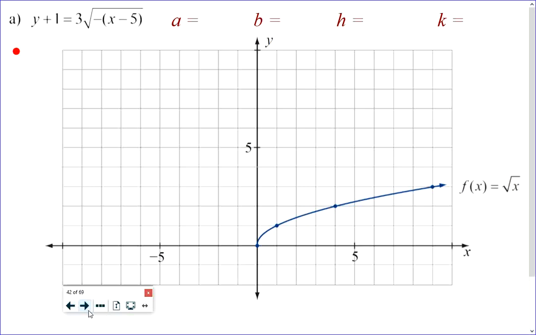So that's what I would like you to do to begin with here. Keeping in mind that you should rearrange this for y to get 3 root negative 1 times x minus 5, and then you're going to have minus 1 at the end. So I would like everybody to write in what you believe a, b, h, and k are equal to.